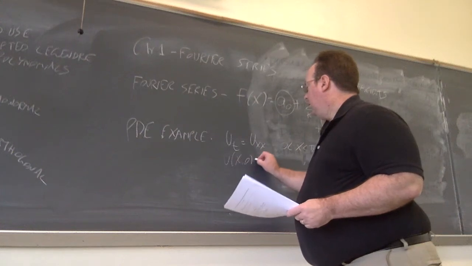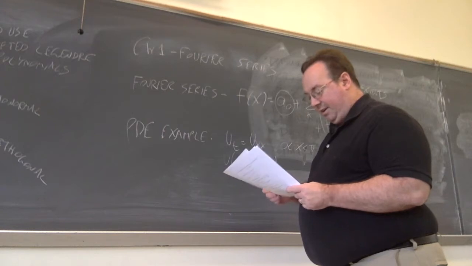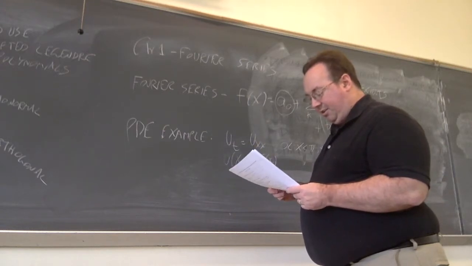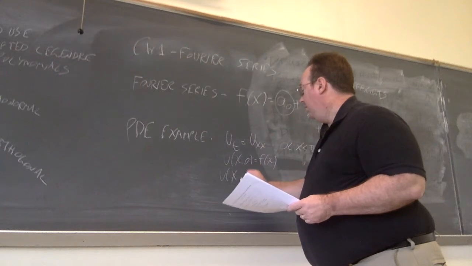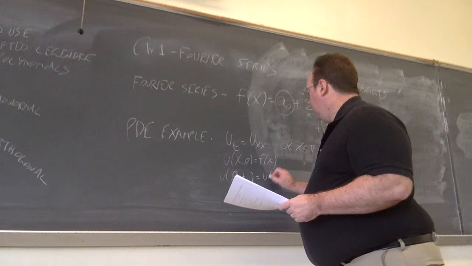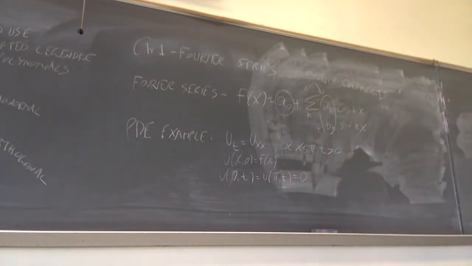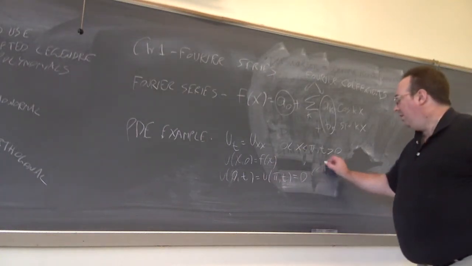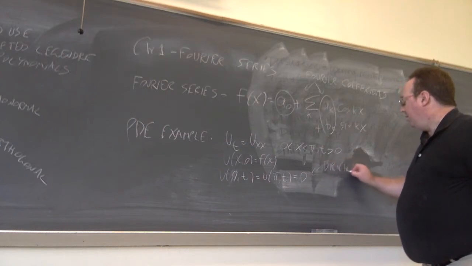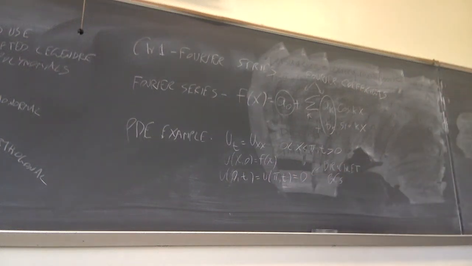And keep the boundary conditions simple. I'll set the values of the solution at x equals 0 and x equals pi equal to 0. So these are Dirichlet boundary conditions because we are imposing values on the solution at x equals 0 and x equals pi.